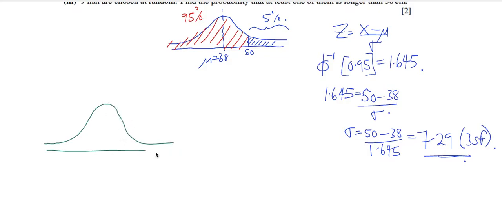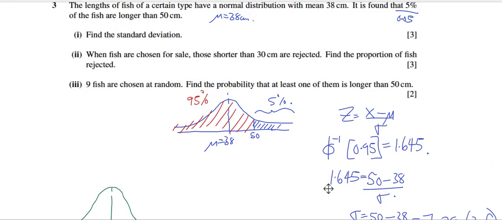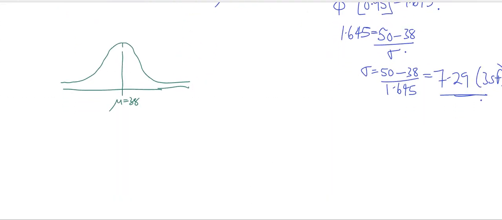Your mu is here, which is 38. But this time the question says that less than 30 are rejected. So shorter than 30 must be somewhere here, on the left-hand side of the mu.